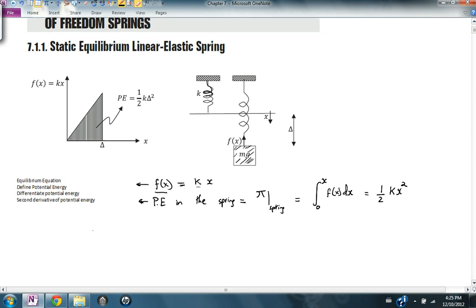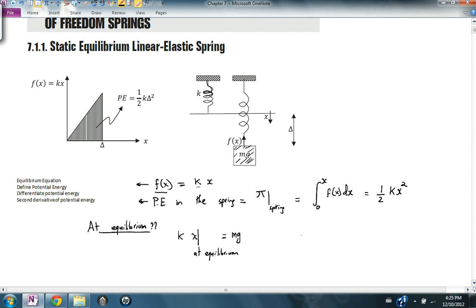Now, what happens at equilibrium? At equilibrium, the external force, mg, will be equal to the force in the spring, which is equal to k multiplied by x that corresponds to equilibrium.